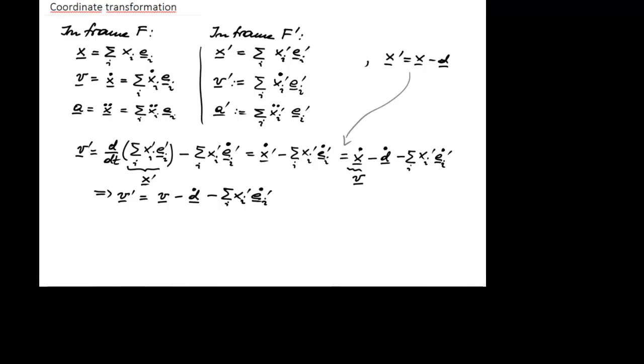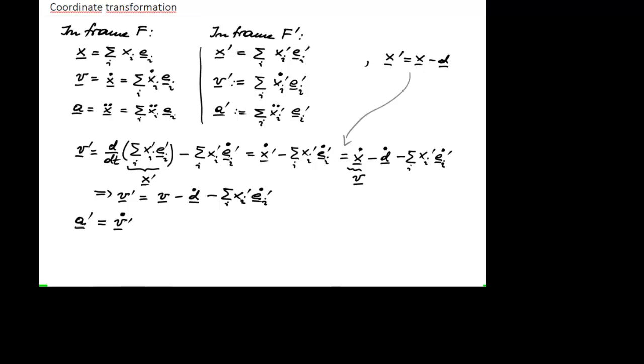Let's look at the acceleration. So we have a prime. Now we could say this is simply v prime dot. But when we take the time derivative of v prime, look at the definition of v prime, we have the same problem here.